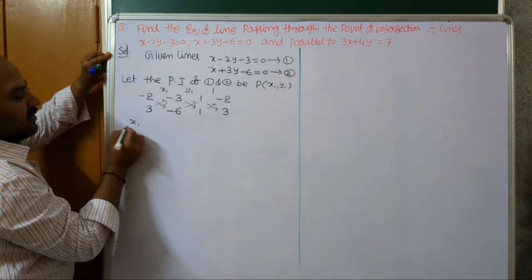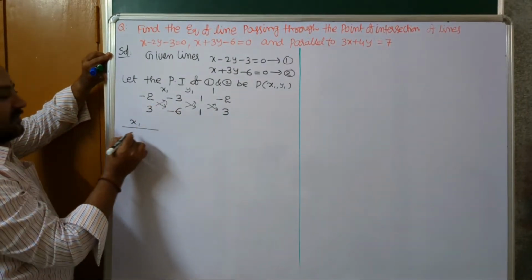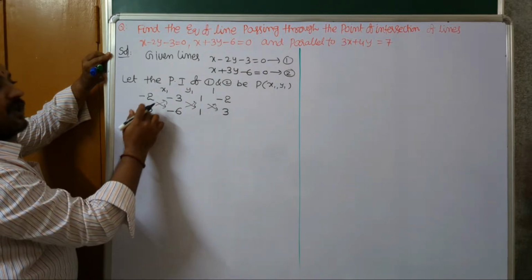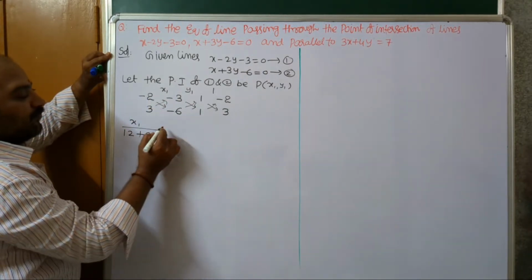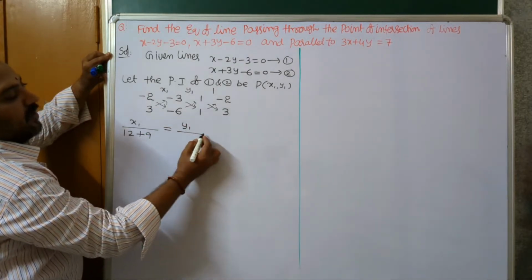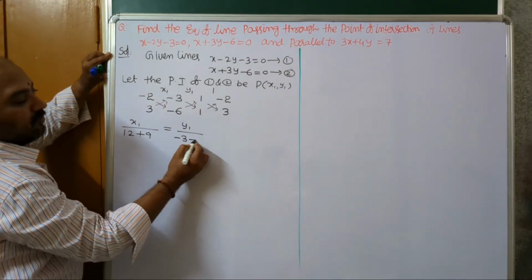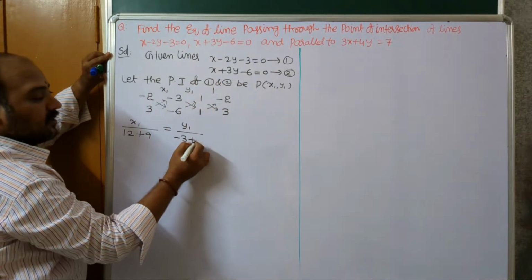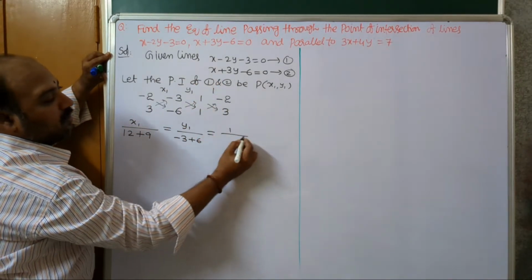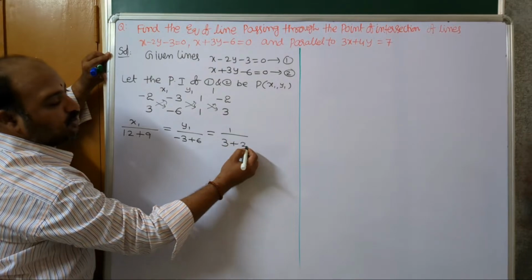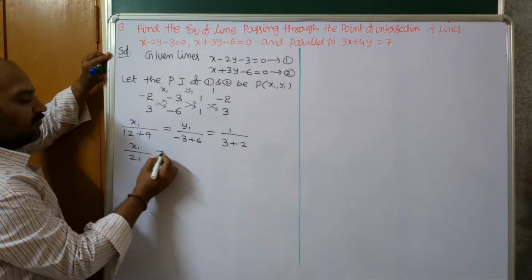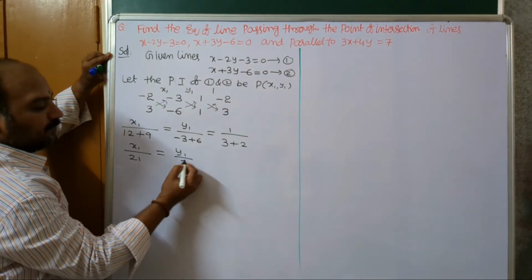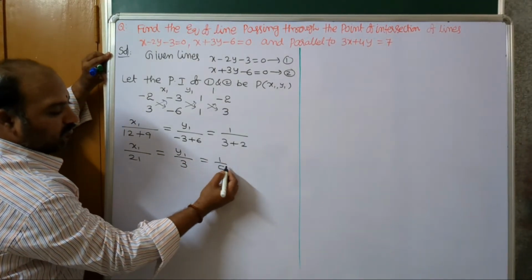So x1 divided by -2 into -6, 12, minus 3 into -3, -9, minus of -9, plus 9, so 21, is equal to y1 divided by -3 minus -6, plus 6, which is equal to 1 by 3 minus of -2, plus 2. So x1 by 21, y1 by 3 is equal to 1 by 5.